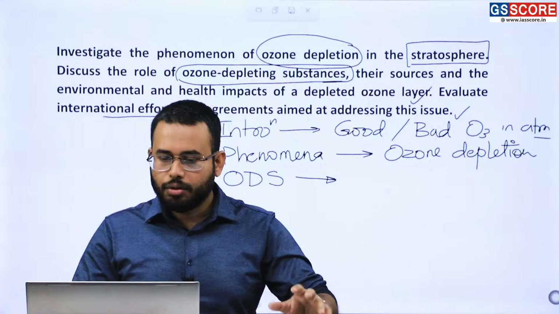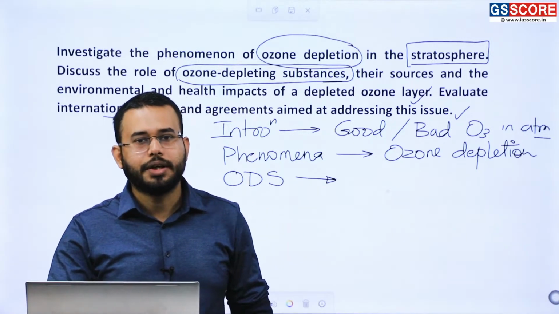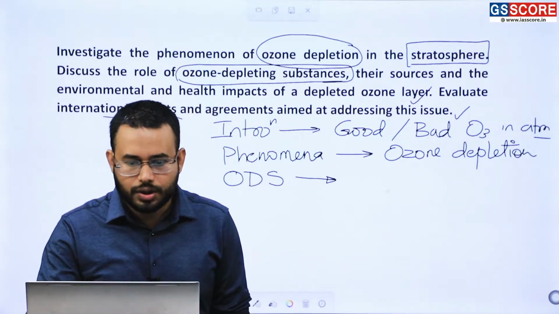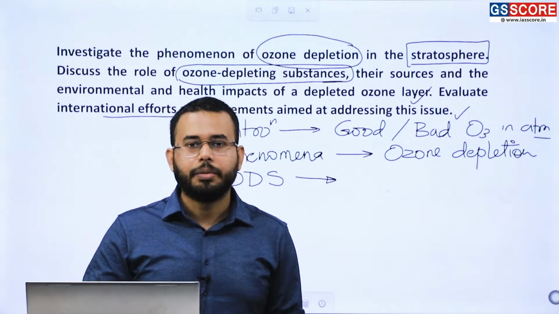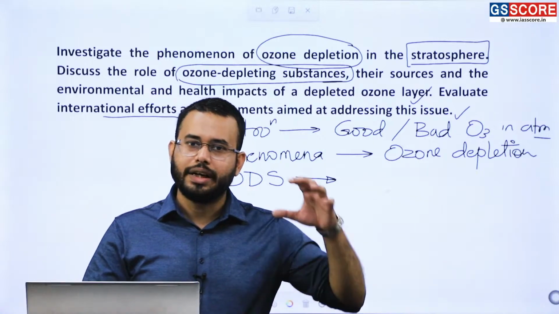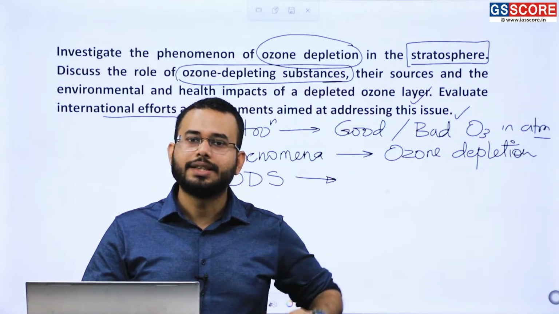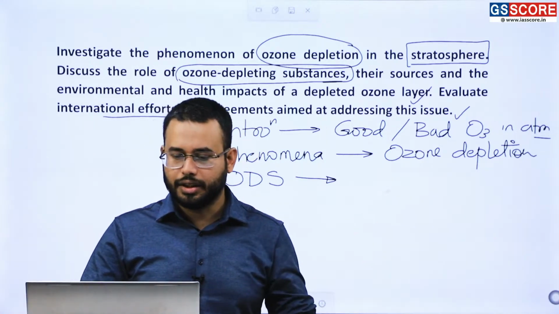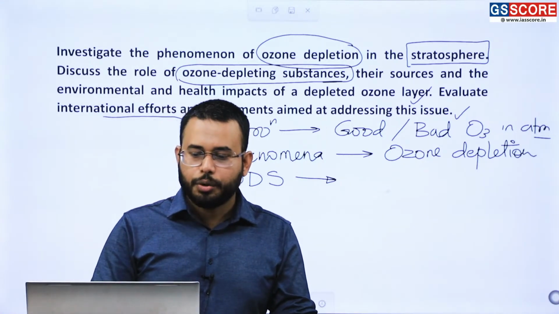The most significant ozone depleting substances are chlorofluorocarbons, halons, carbon tetrachloride, methyl chloroform, etc. You can take 4 or 5 examples of ozone depleting substances here, because that is being asked in the question.